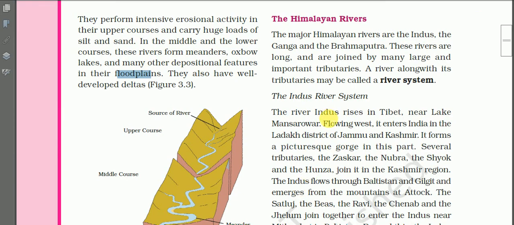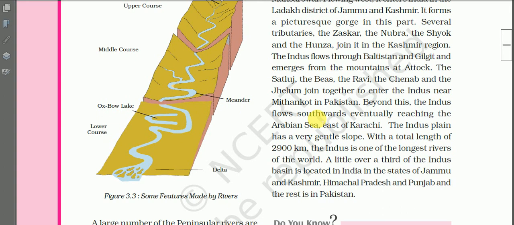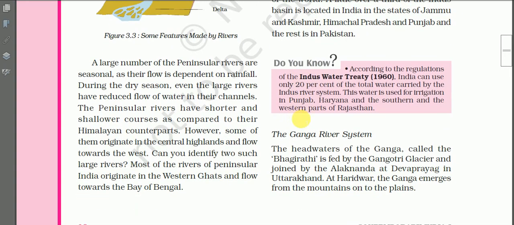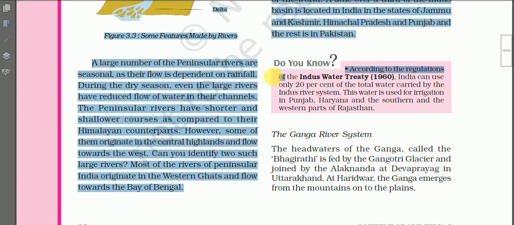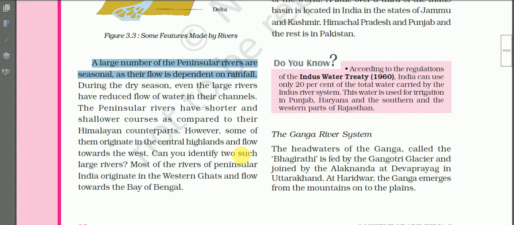Again, let us proceed. Then what about these peninsular rivers? Remember, we are learning the main points of difference between the Himalayan rivers and these peninsular rivers. See, one point is here: a large number of peninsular rivers are seasonal, as their flow is dependent on rainfall.